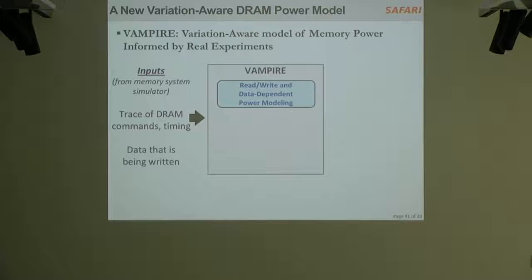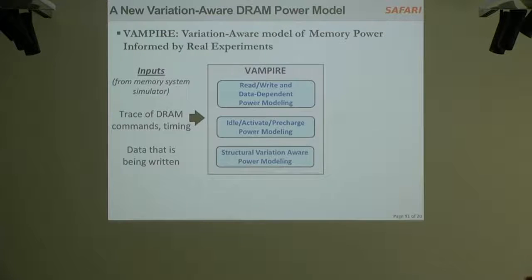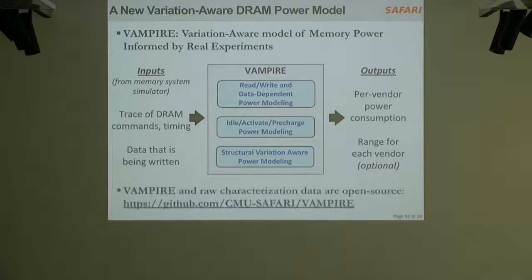A lot of the existing power models use data sheets, for example, which are wrong, as you can see, or which are conservative. So this does read and write and data-dependent power modeling, different types of currents power modeling, and structural variation aware power modeling. And it gives you an output per vendor power consumption and a range for each vendor if you want it. And you can download it and use it.